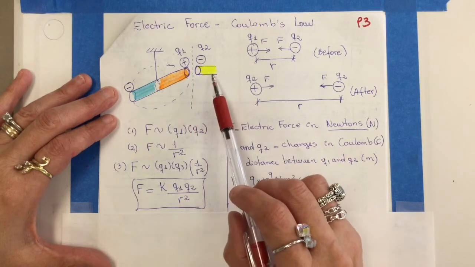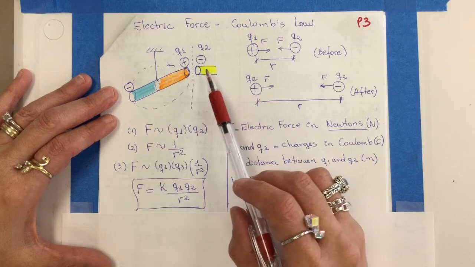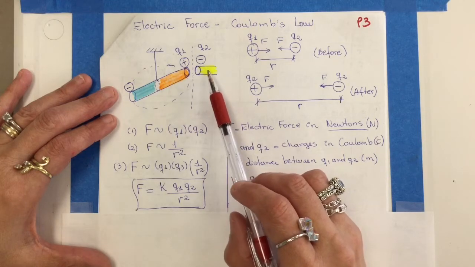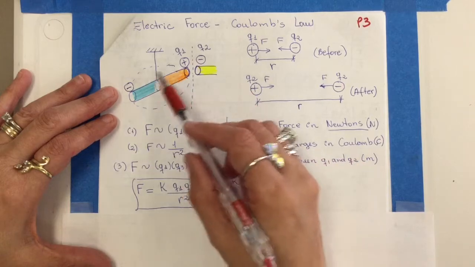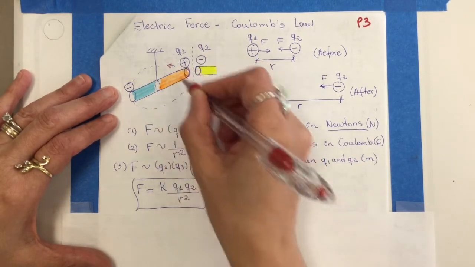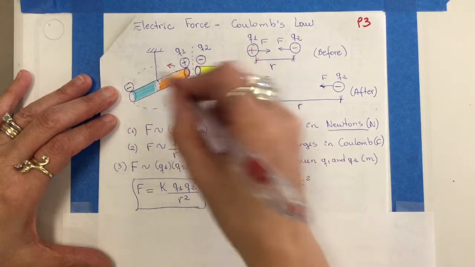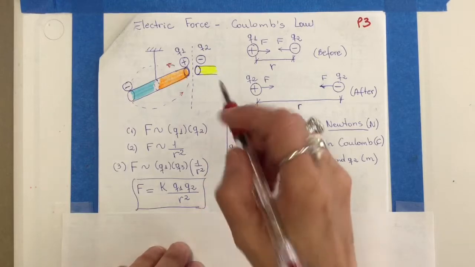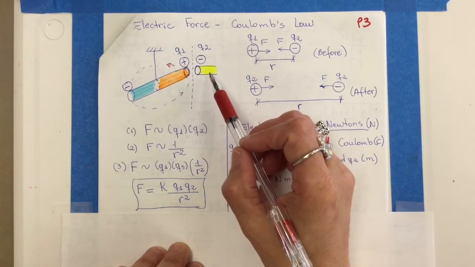Then if a second rod terminal, which is negatively charged, approaches this rod, it is going to move, with a sort of circular motion, towards or away from the second rod.